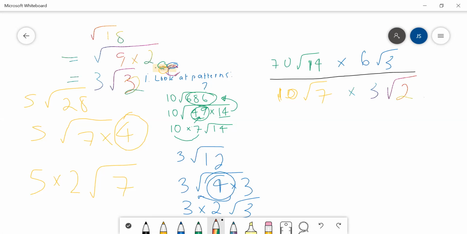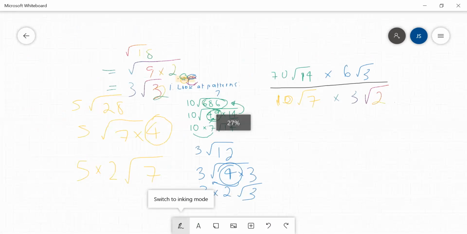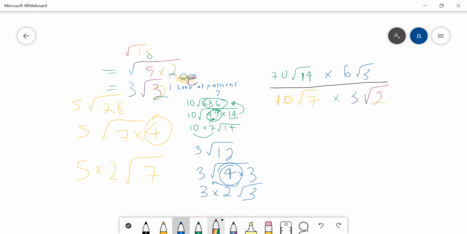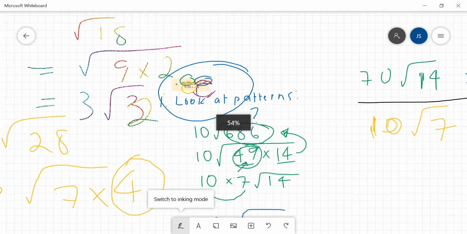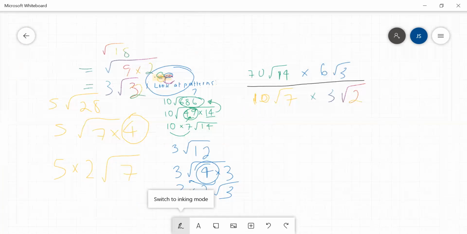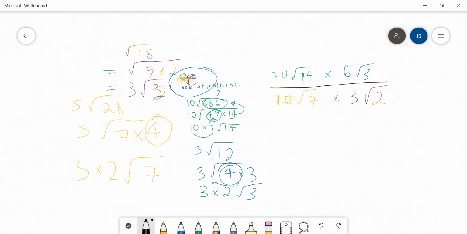But what I can do now is just work out one section at a time. I'm just going to zoom out. And remember, we had originally started with this one here. Okay, there's a lot of numbers. We simplified each term and we ended up with this. And now we can just work it out one thing at a time.